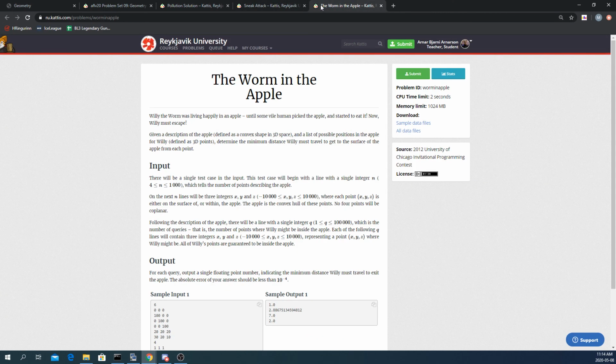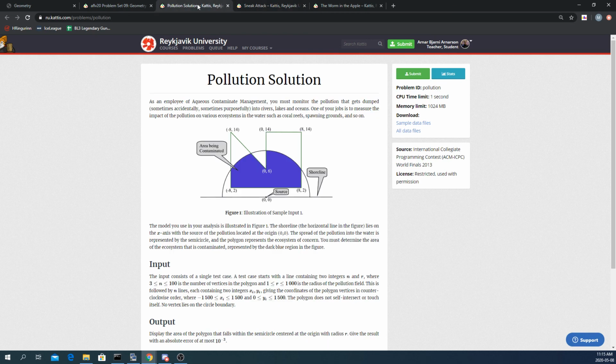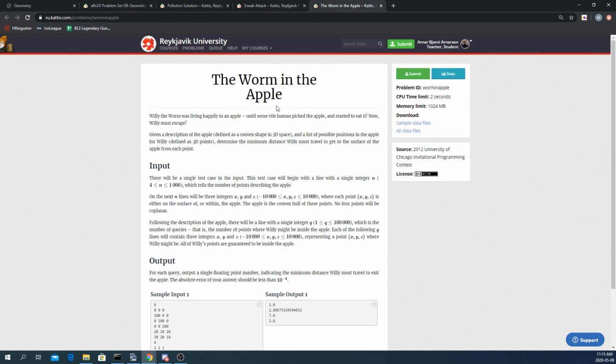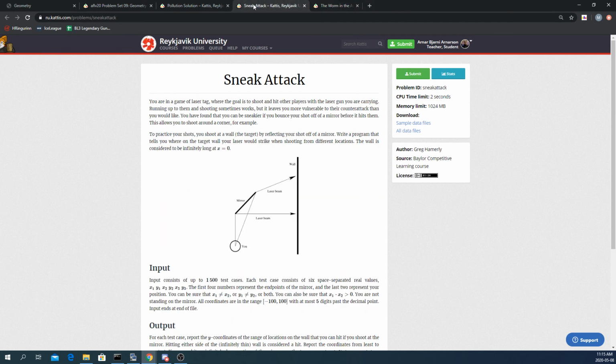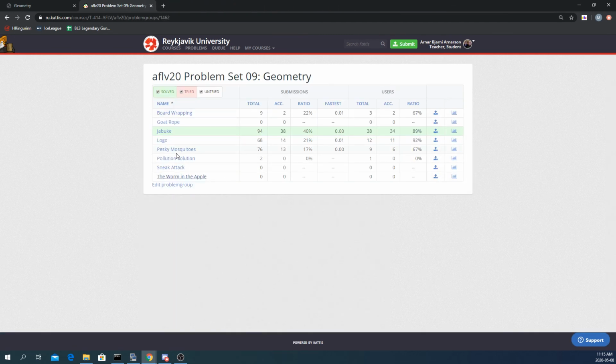So this here is a 3D problem. I think all the others are 2D. This is the only 3D problem, and it's a bonus problem. The other problems are all 1 point each, and you need 3 points for full score, which means you also just need 3 problems for full score.